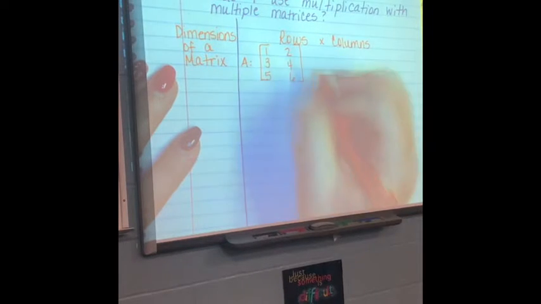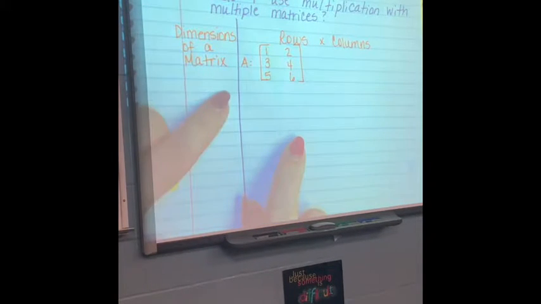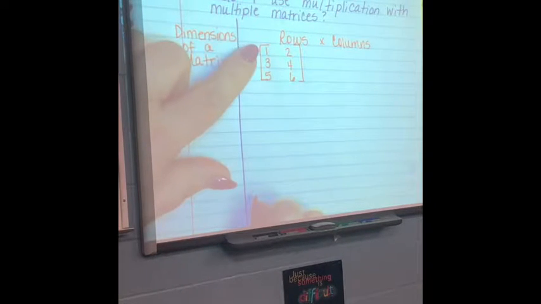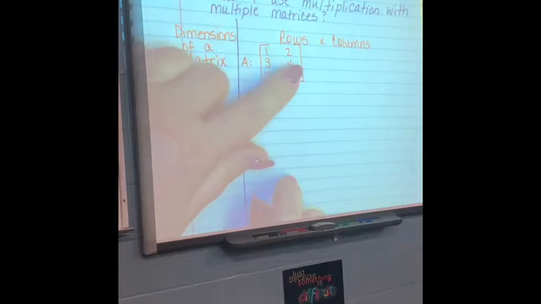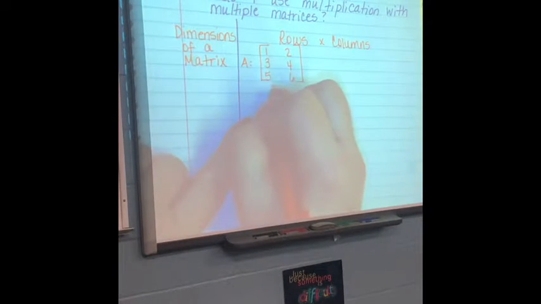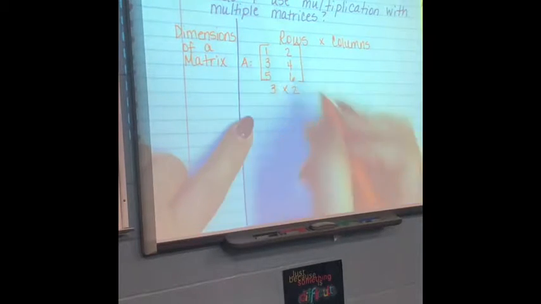So if I were to ask you for the dimensions of A, what would you tell me? How many rows are there? 3 rows. How many columns? 2 columns. So it would be a 3 by 2.